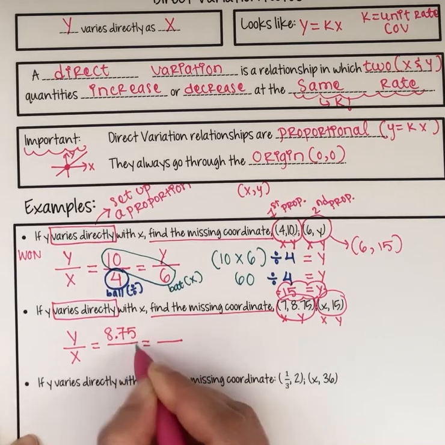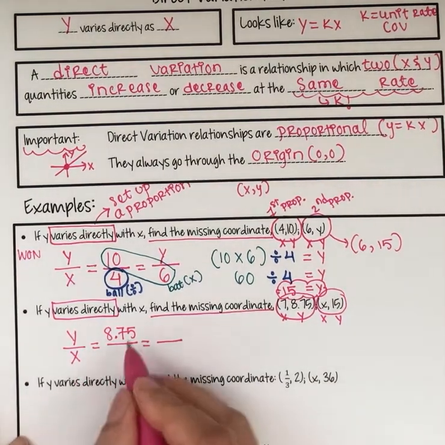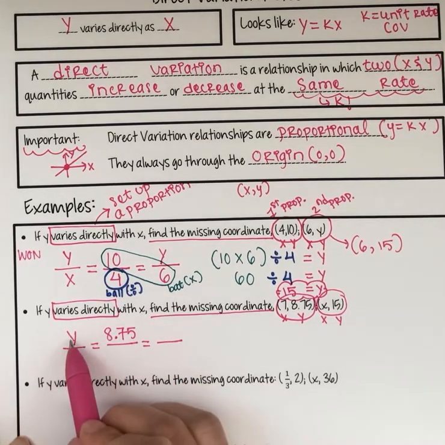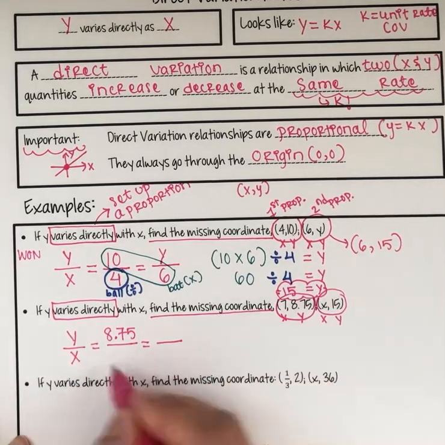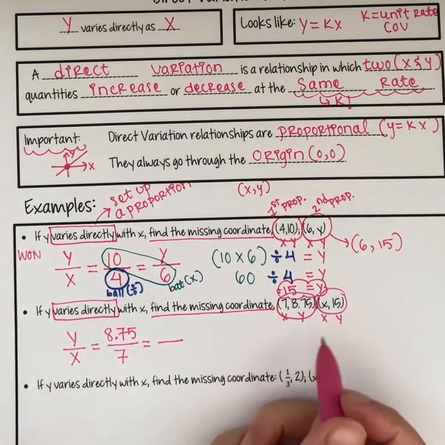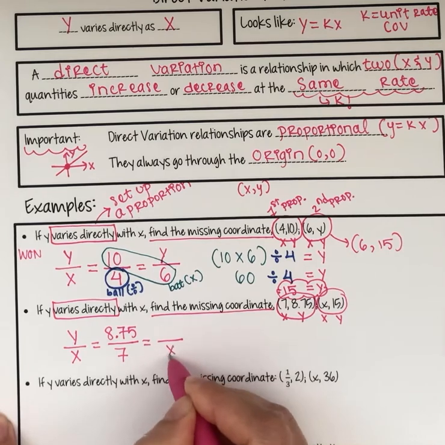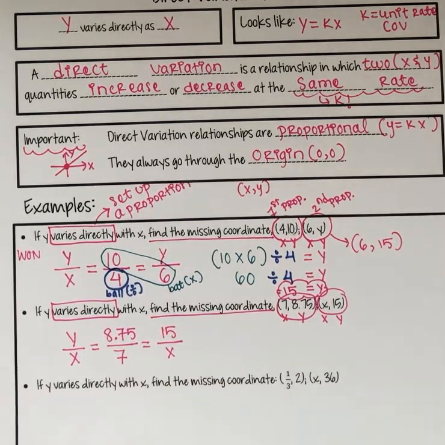Why did I put 8.75 at the top, guys? Yes, that's correct, because the y values go at the top because the letter y is at the top, okay? And our x value goes at the bottom, which is 7, equals our x value. Where does the x go? Goes at the bottom, and then the 15, the y value goes at the top.